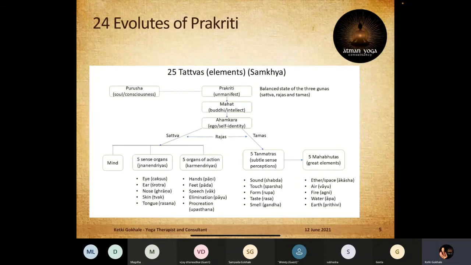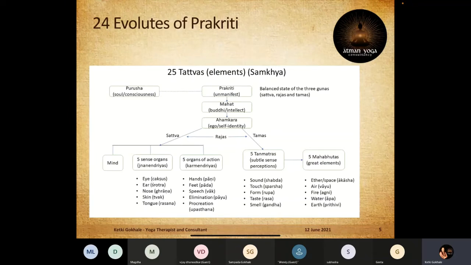Then it further manifests as Tanmatras, the subtle sense perception, that is Shabda, Sparsha, Rupa, Rasa, and Gandha: sound, touch, form, taste, and smell. Now which are the five elements? The Mahabhutas, Pancha Mahabhutas: Akasha, Vayu, Agni, Apa, and Prithvi, that is space, air, fire, water, and earth.